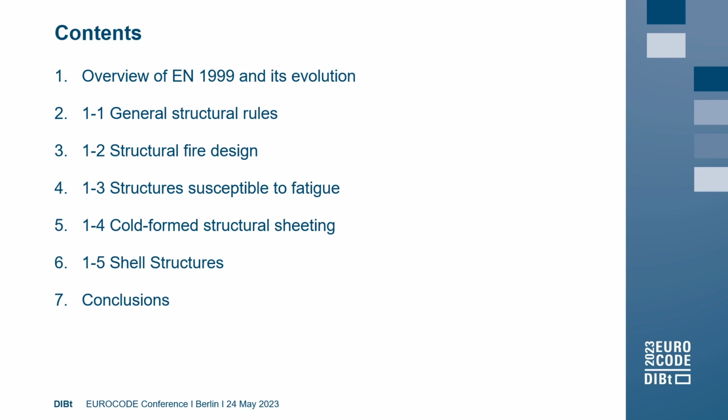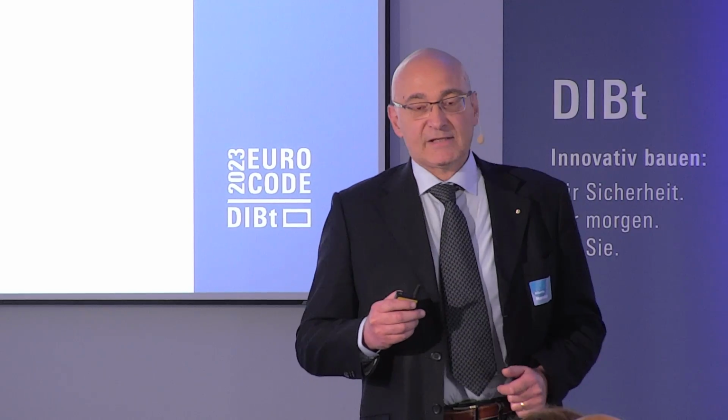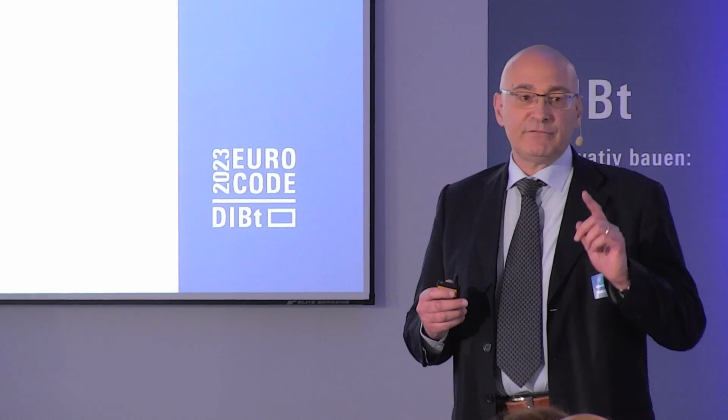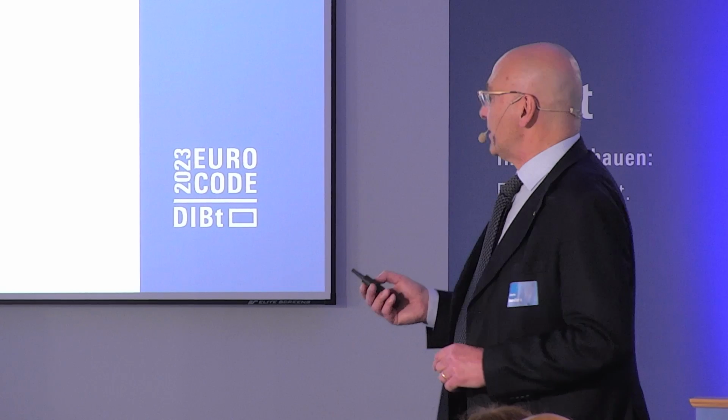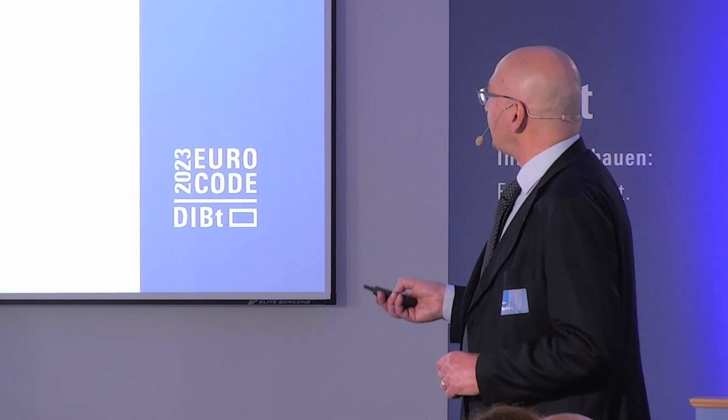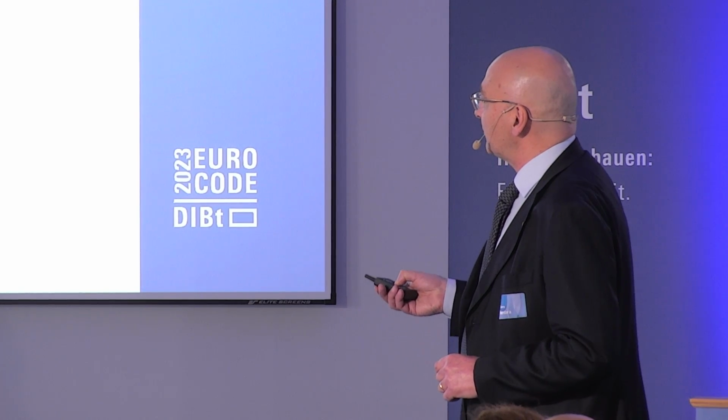The history of Eurocode 9 is a little bit different from the history of other Eurocodes, in the sense that in the ENV version, that is the first version, just the first 3 parts were developed.